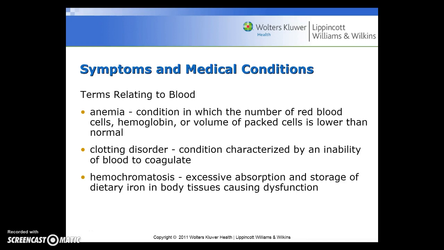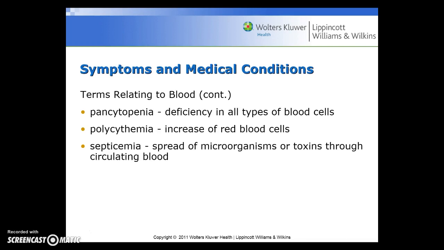Hemochromatosis is the excessive absorption and storage of dietary iron in body tissues causing dysfunction. Pancytopenia is the deficiency in all types of blood cells. Polycythemia is an increase of red blood cells. And septicemia is the spread of microorganisms or toxins through circulating blood.